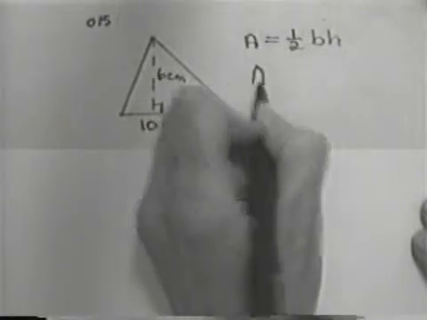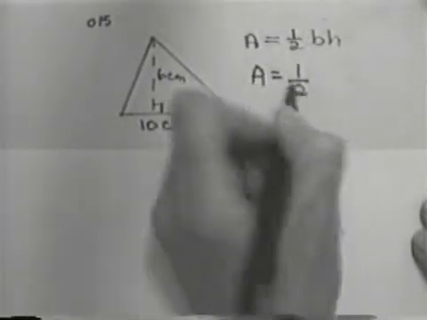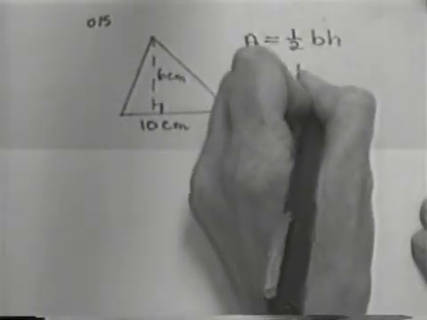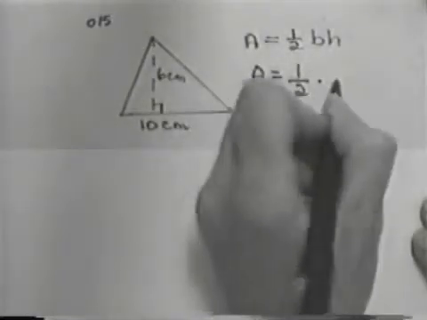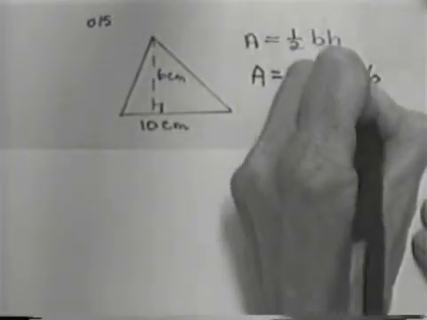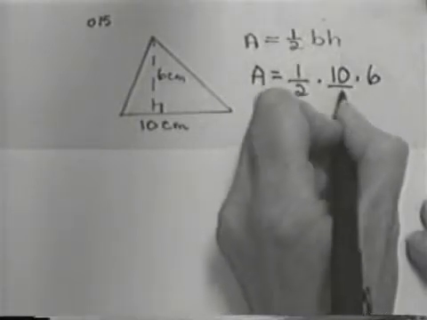So I'm going to come over here where I have the formula written down and fill in the missing parts. The area then would be 1/2, and this BH means to multiply everything together, so it would be 1/2 times, my base is 10, so I'm going to put down 10, times my height, which is 6, and then I'm going to work that out. I'm going to put 1s under these.